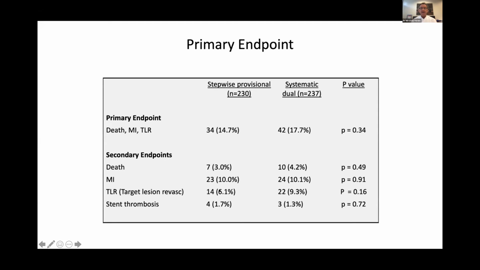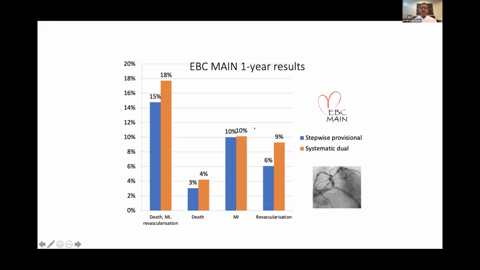I was surprised by 6% TLR for single stenting and 9% for double stenting. In graphic form, you see 15 versus 18, MIs similar in both groups at 10% periprocedural MIs, and death 3 versus 4%.